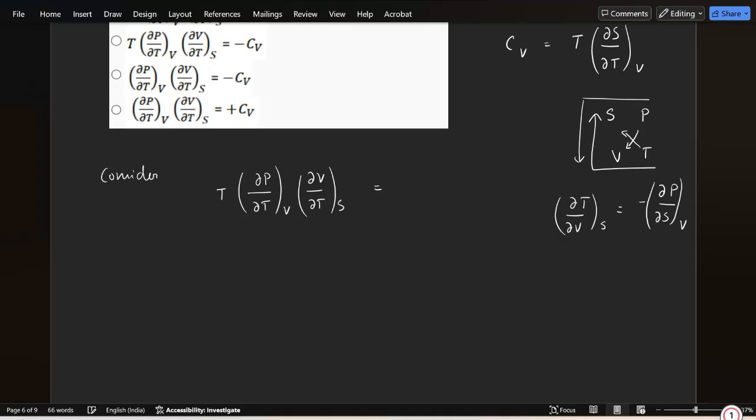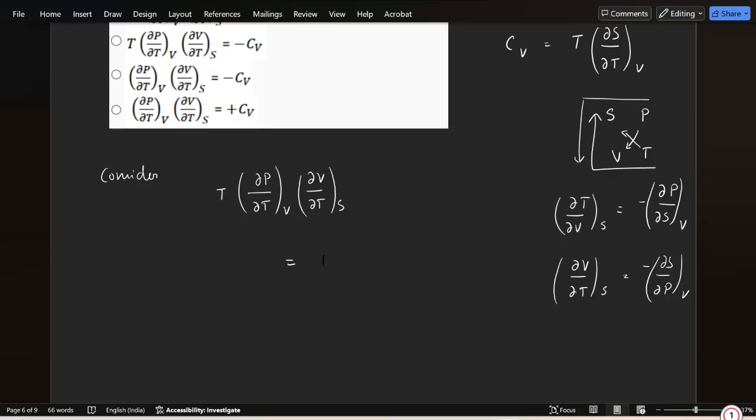Okay. Now we need del T by del S, right? So we just need to invert it, so reciprocal of that, not invert. Del T by del S at constant volume is equal to minus del S by del P at constant volume. So that's what we are going to do here. What we'll do is just write a little bit below.